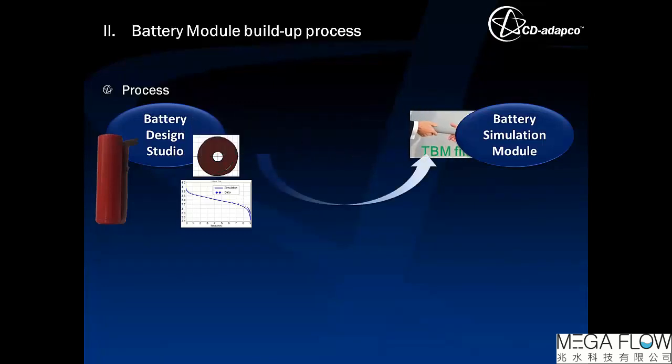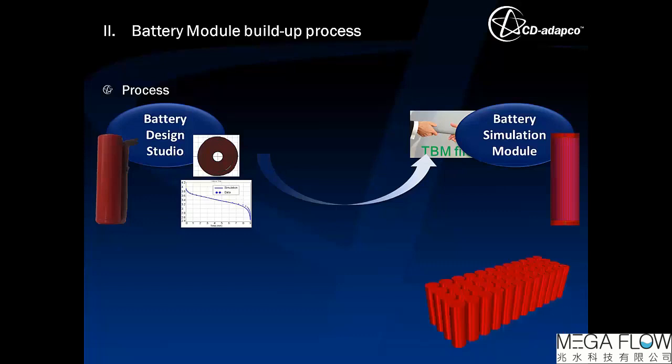With the information contained in the TBM file, I can straight away obtain a 3D representation of that cell in Star-CCM+ BSM, and then I will use this cell to duplicate it in the configuration of the module I want. Also contained in the TBM file are the performance model specifications, and we're using an equivalent circuit model in this case.